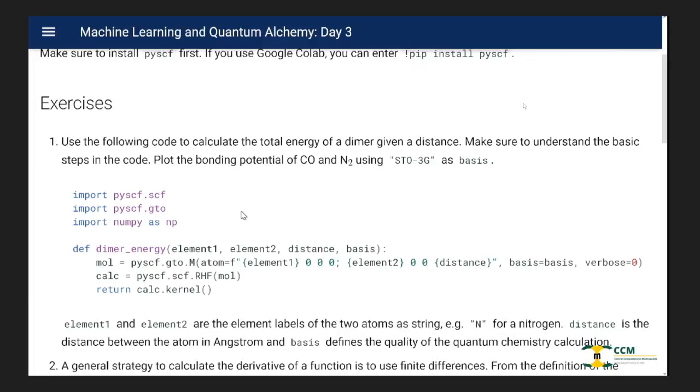What we're going to do is calculate the real deal. This Morse potential is a classical approximation. There's no quantum mechanics involved. So now we're going to do this properly, and that means that we simulate, in this case with PySCF, what the answer would be according to quantum mechanics, so taking electronic effects into account.